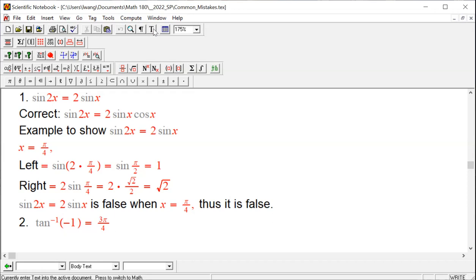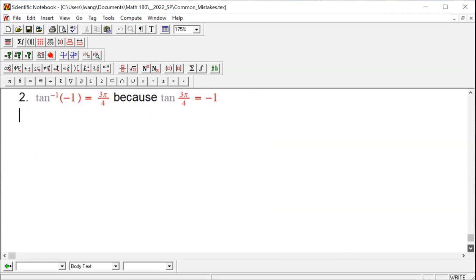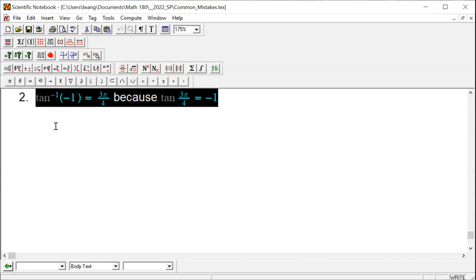He or she has a reason, because tangent of 3 pi over 4 equals negative 1. Is that right or not? Think about it. Of course it's wrong. We're talking about common mistakes. What is wrong with this statement?